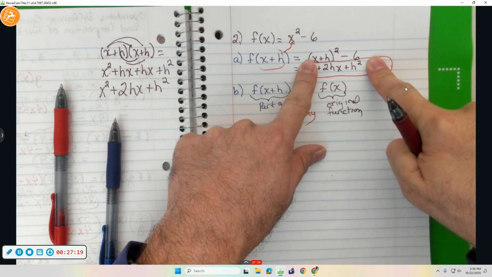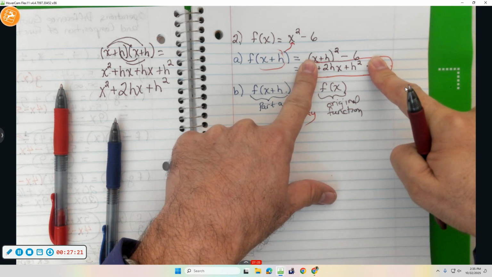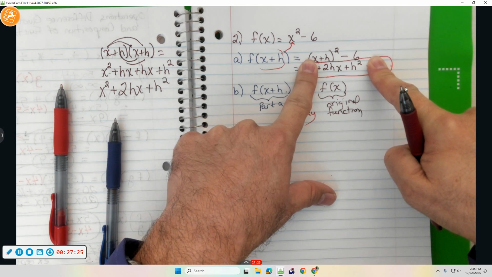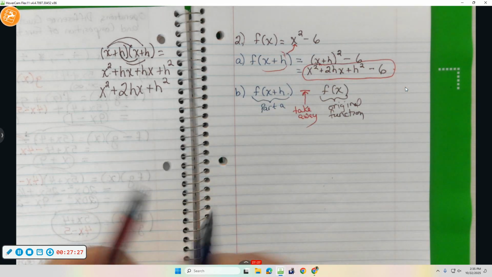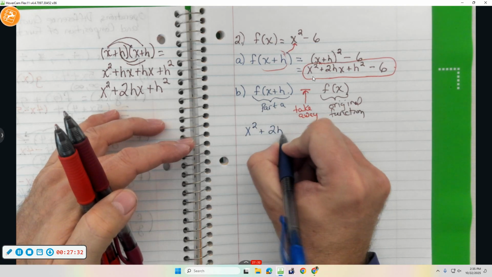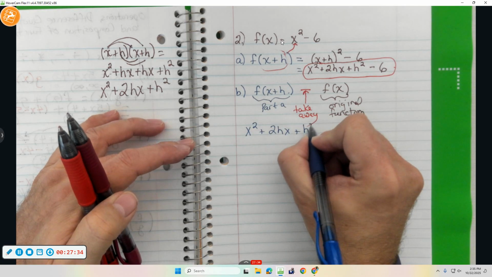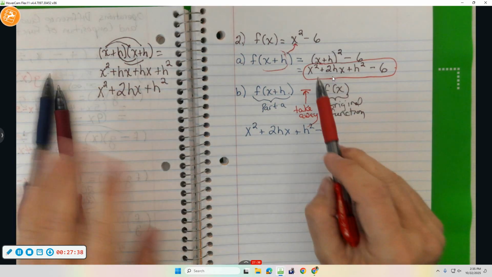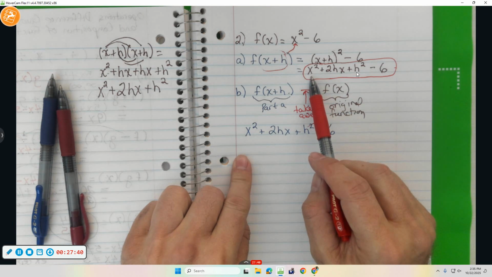The minus 6. What's remaining? 2hx plus h squared. If you're doing this correctly, every term that's left will have the letter h. The things that don't have h's have to be in the original function, so they'll subtract off. You'll be left only with the terms containing h.